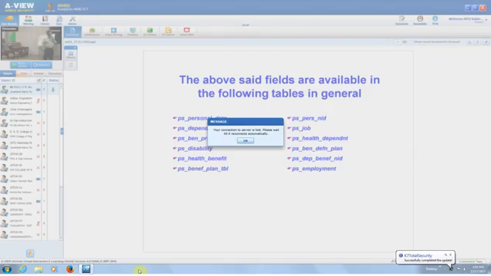So the above said fields, where are they available? Because they are not available in a single table, right? So these are your PS personal data, dependent beneficiary, benefit program participation, disability, health benefit, benefit plan table, persons and elements, social security number table, and job table means your service record kind of thing.